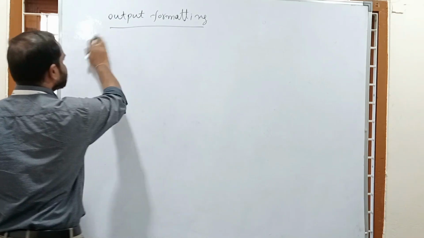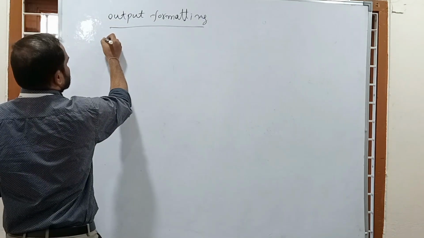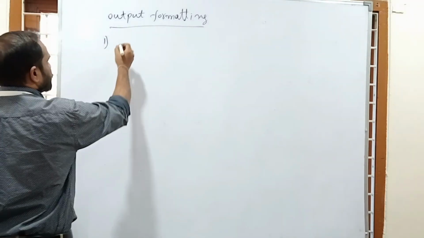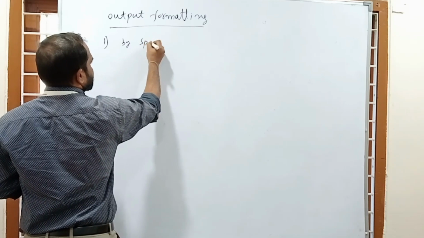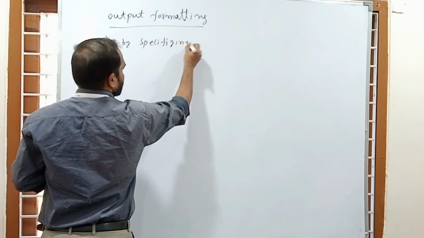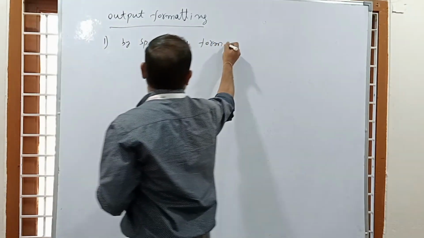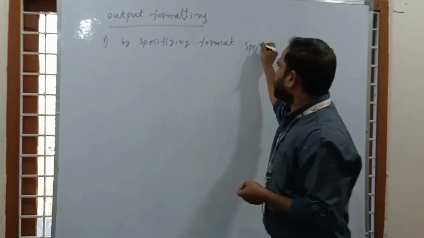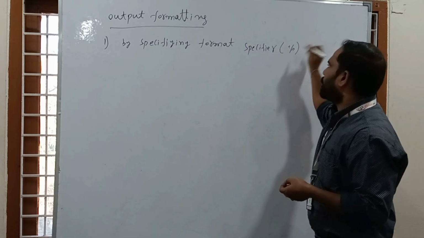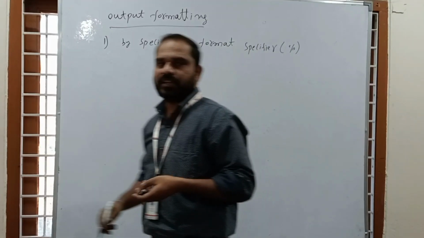And then, how many ways are there? First one is by specifying a format specifier, which is the percent operator, or modulus we can say.